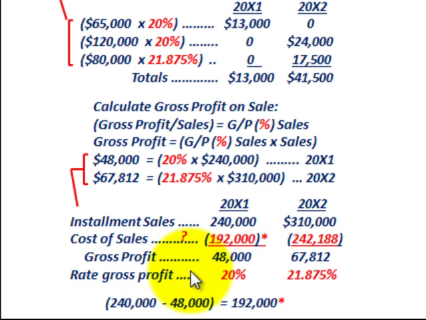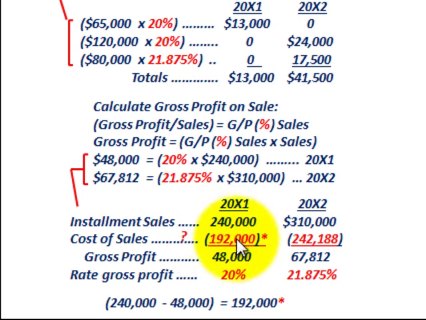And again, our rate of gross profit, we calculated that up above, but that's simply taking our gross profit divided by the installment sales amount. So for 20X1, that was 20%, and then for year 20X2, the gross profit $67,812 divided by $310,000 in installment sales gives us that rate of gross profit of 21.875%.